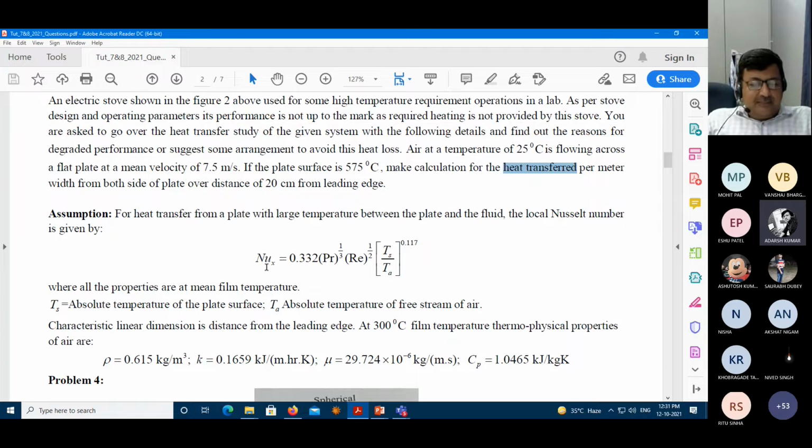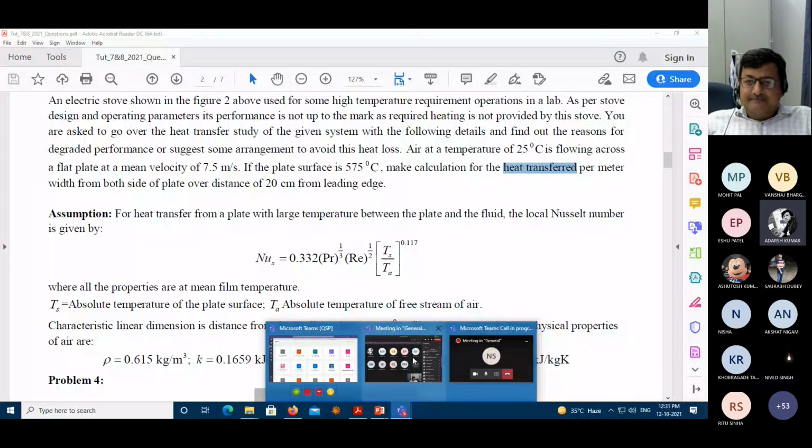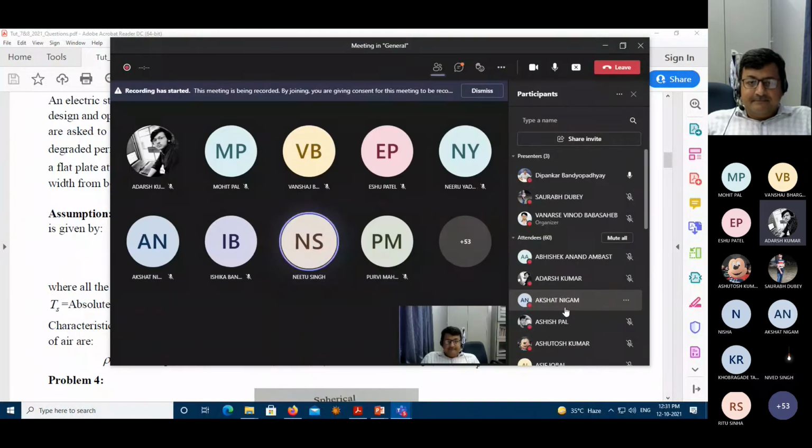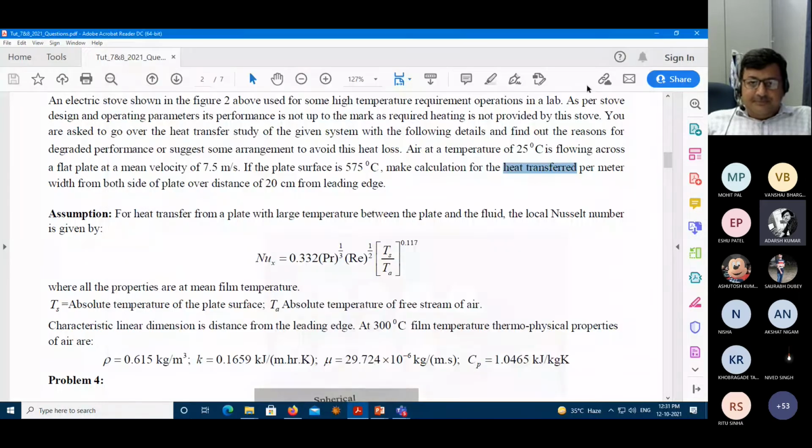Did you get it? 3.1 times 10 to the power 4. Yes, 3.1 times 10 to the power 4. Very good, Neetu. That is the Reynolds number, right?